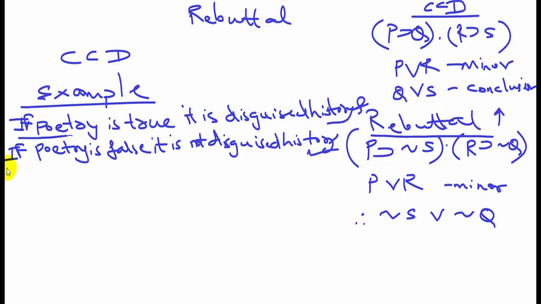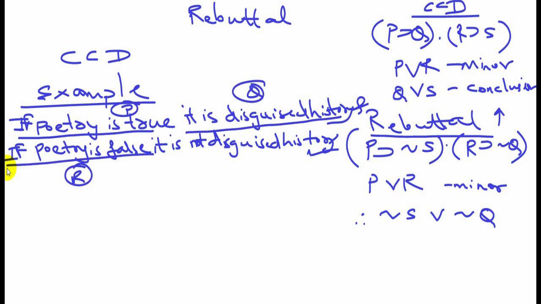This is your P, this is your Q, this is R, and this is S. Now we know what happens when we say P or R. P or R. If poetry is true and if poetry is false.